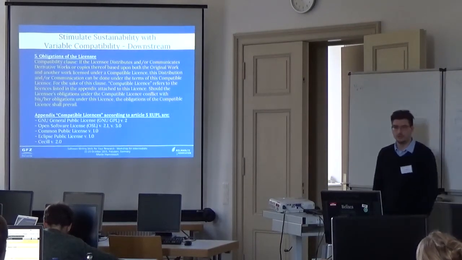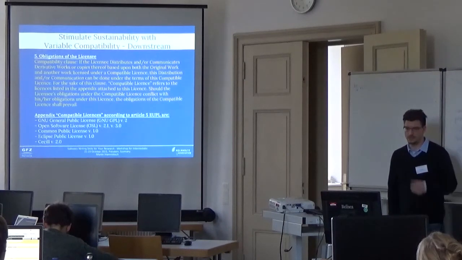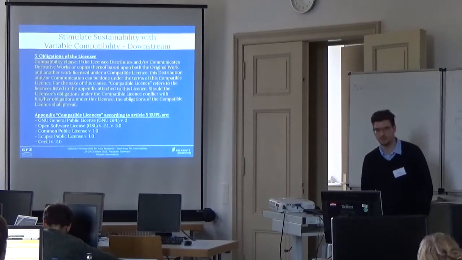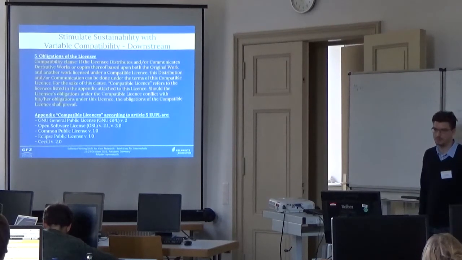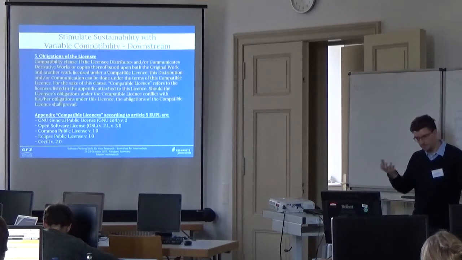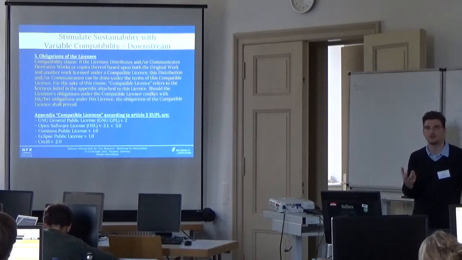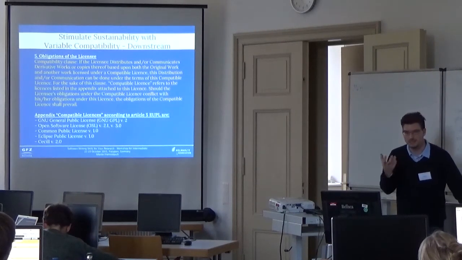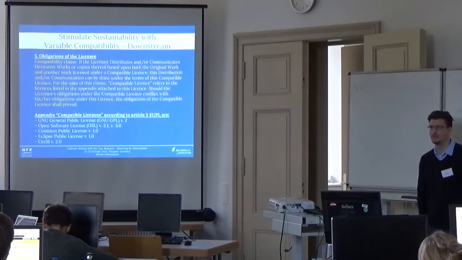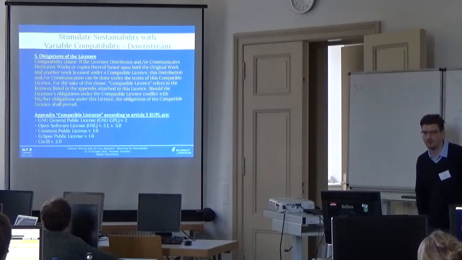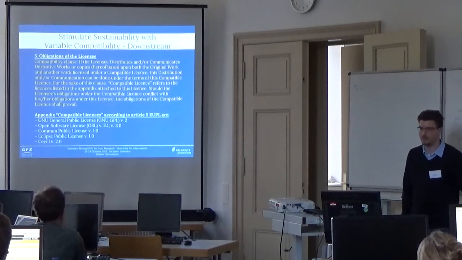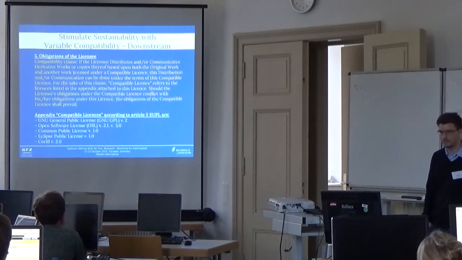Okay, when we look at the downstream, when we have a look at the European Union public license as an example, they have a specific clause, a compatibility clause, which is a very interesting clause in that case, because it says: if the licensee distributes and or communicates, this is legal speak right now, so it sounds a bit different than we talk normally, if the licensee distributes and or communicates derivative works or copies thereof based upon both the original work and another work licensed under a compatible license, this distribution and or communication can be done under the terms of this compatible license.